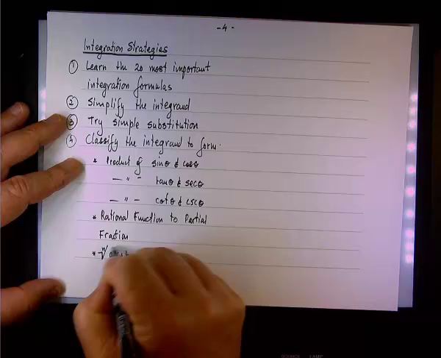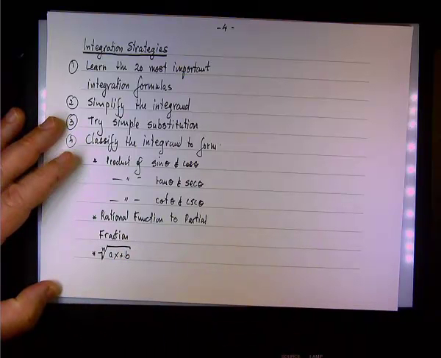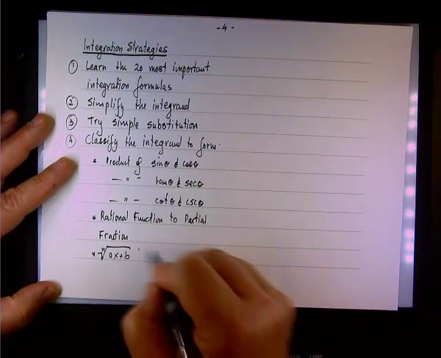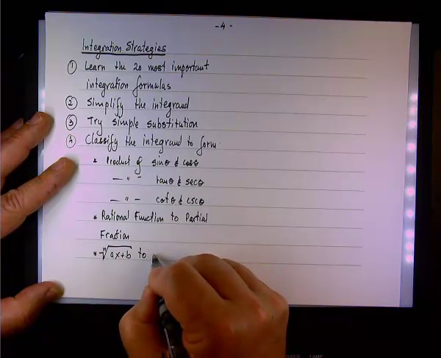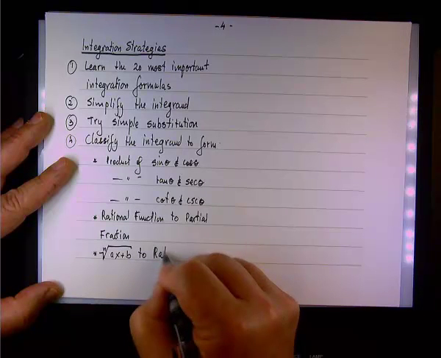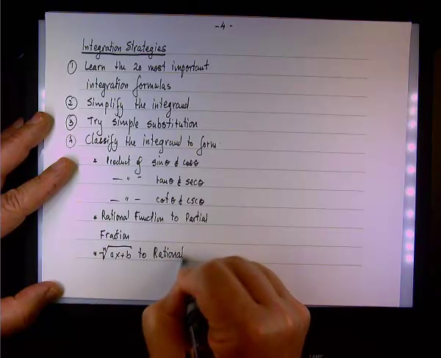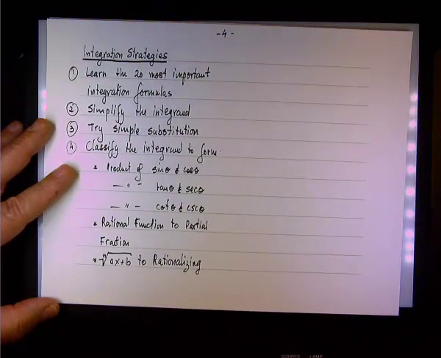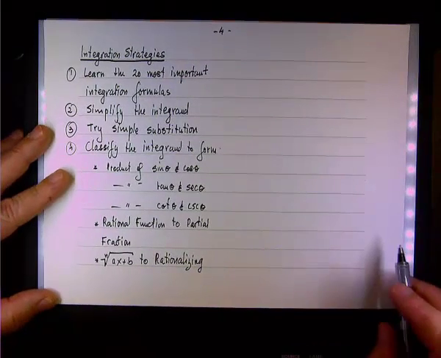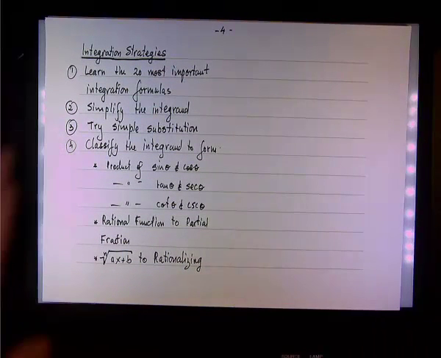If you have something like the nth root of ax plus b, this is something we just did recently, then use rationalizing. Rationalize the thing.